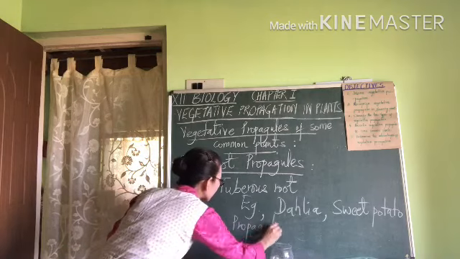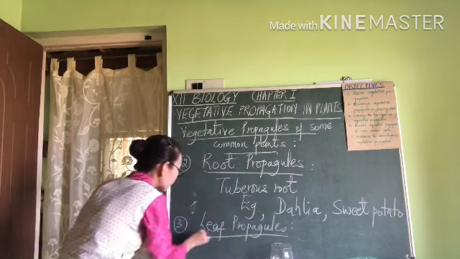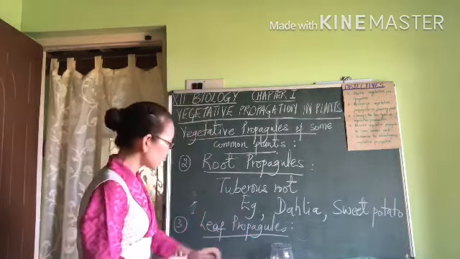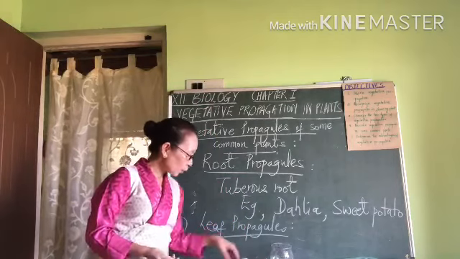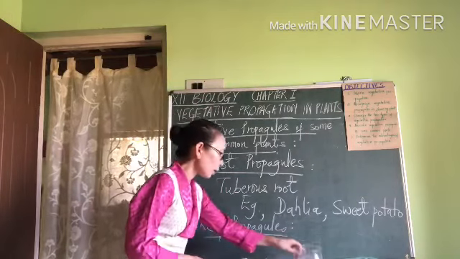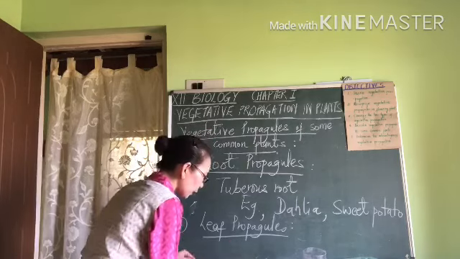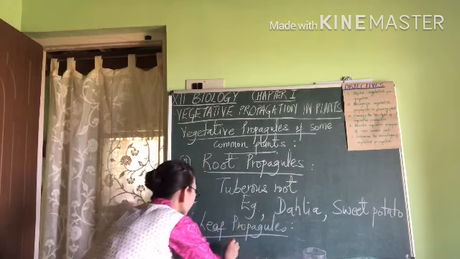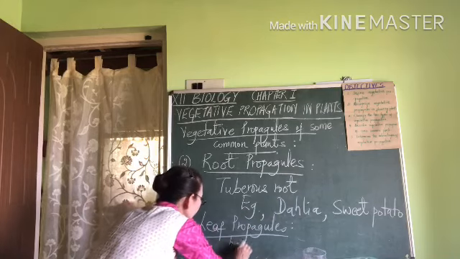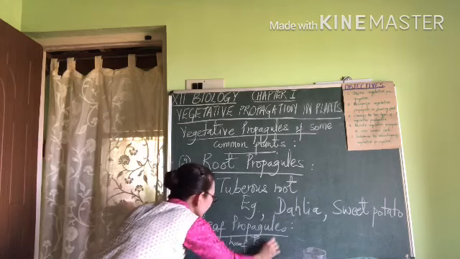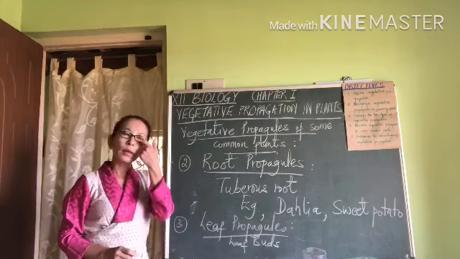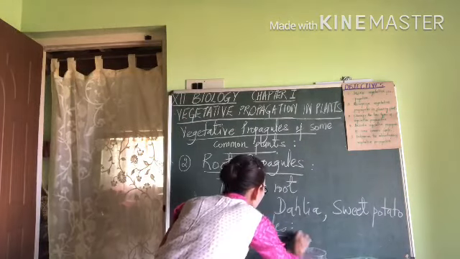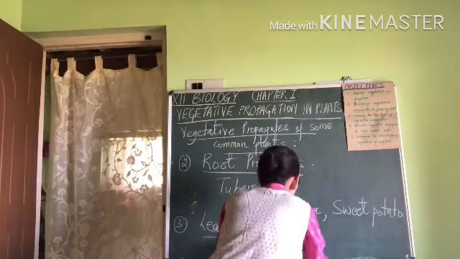So for understanding leaf as a propagule, as a means of vegetative propagation, the common example that we can take up is the leaf buds. Okay, leaf buds, and the common example for leaf buds is bryophyllum.